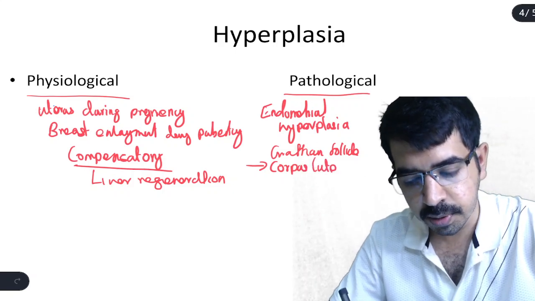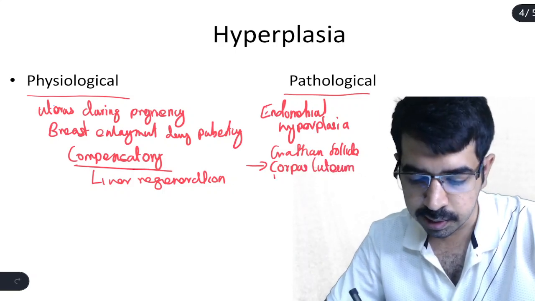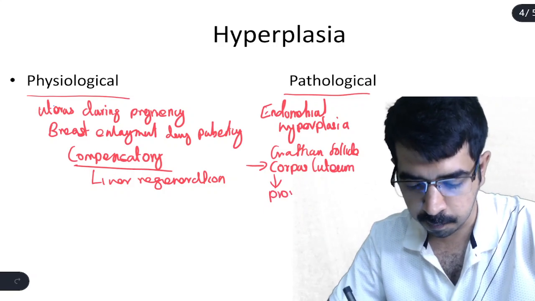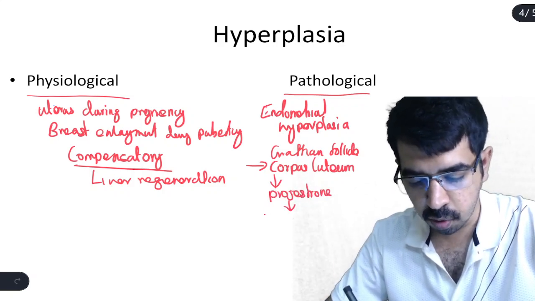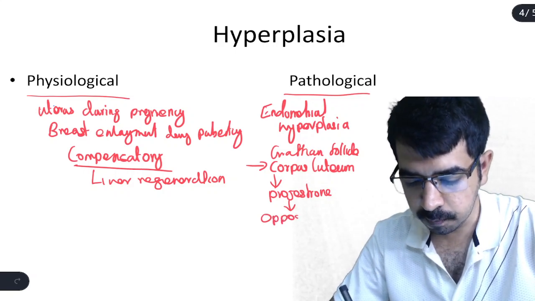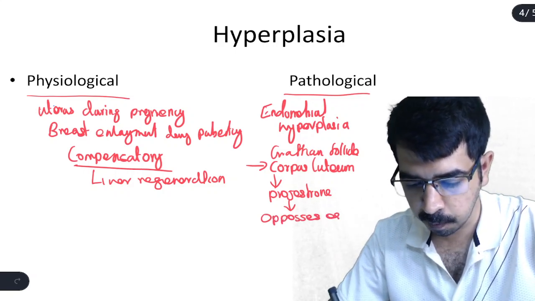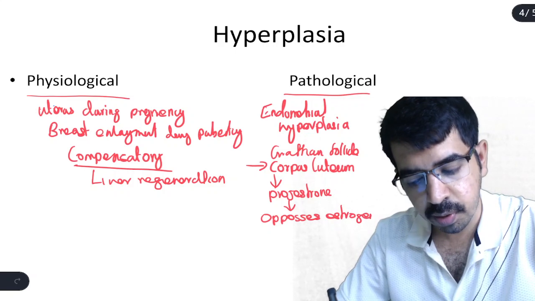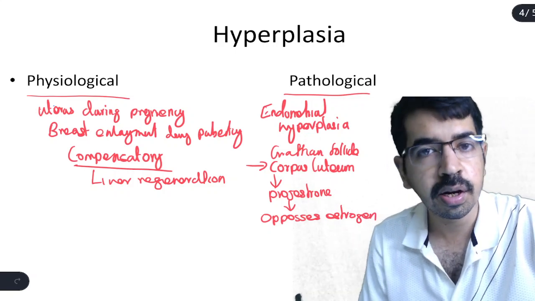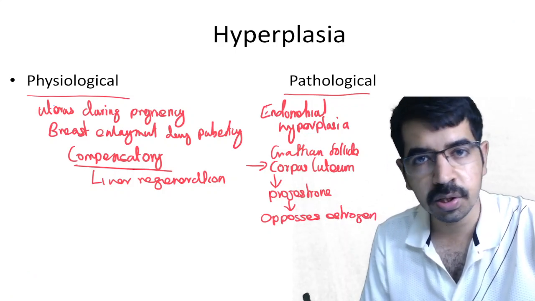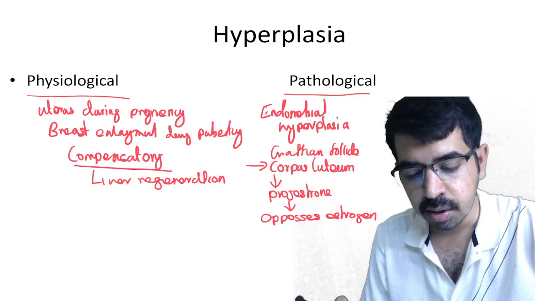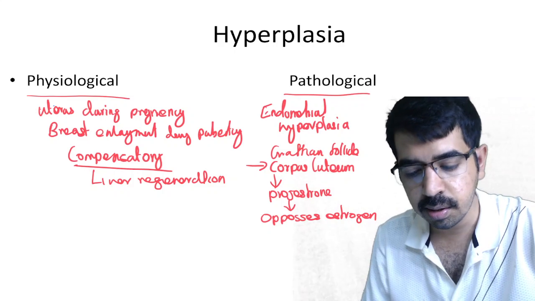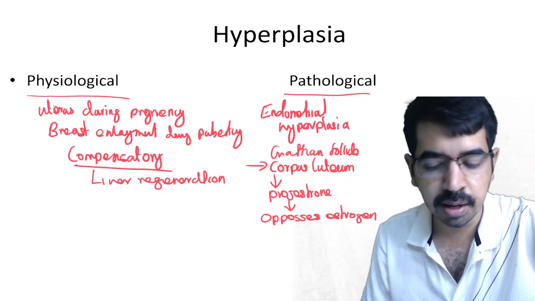And what does the corpus luteum do? It secretes progesterone. This progesterone opposes the estrogen. Suppose there is no ovulation, then the Graafian follicle will not become a corpus luteum. So no progesterone secretion, no opposition to the effect of estrogen. So continuous estrogen stimulation and pathological endometrial hyperplasia can occur.